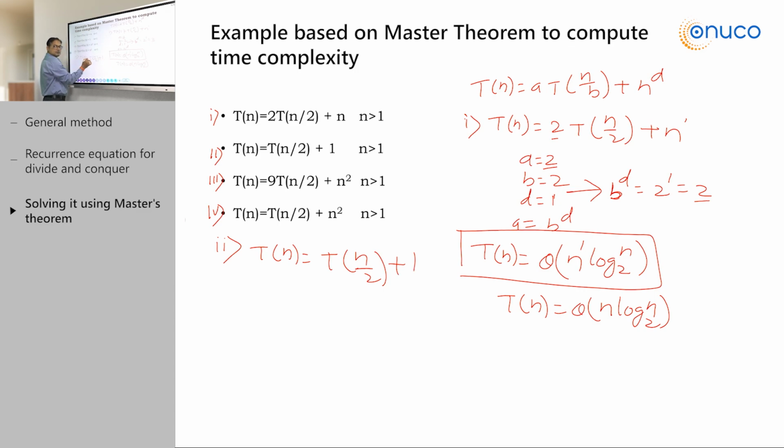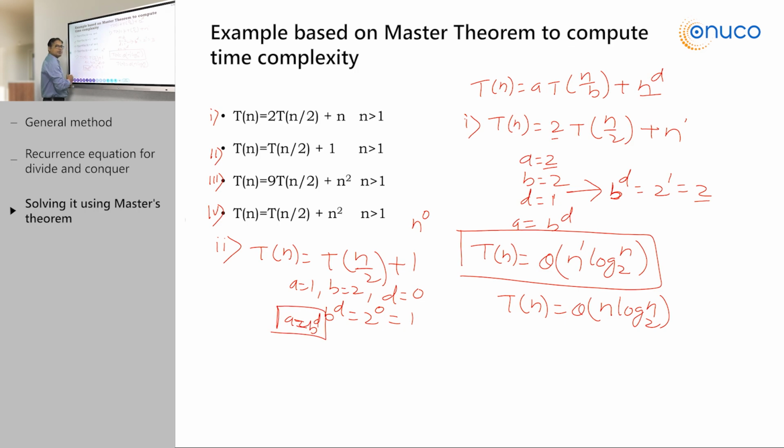Here A is a constant, we don't have any values, hence A is 1, B is 2 and D is 1. 1 can be written as n to the power 0. So what is D? D is 0. Hence B power D, 2 power 0, is 1. Here we can see that it is again the case of A is equal to B power D.